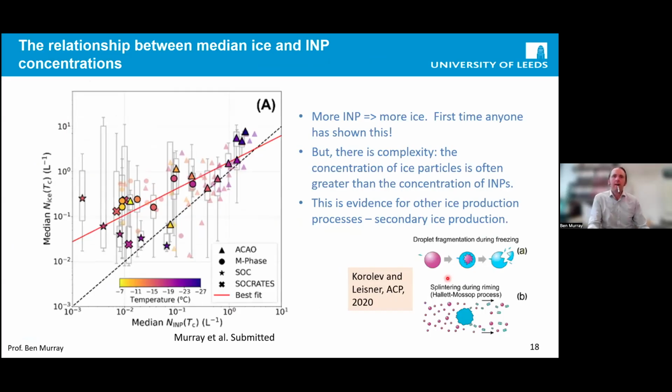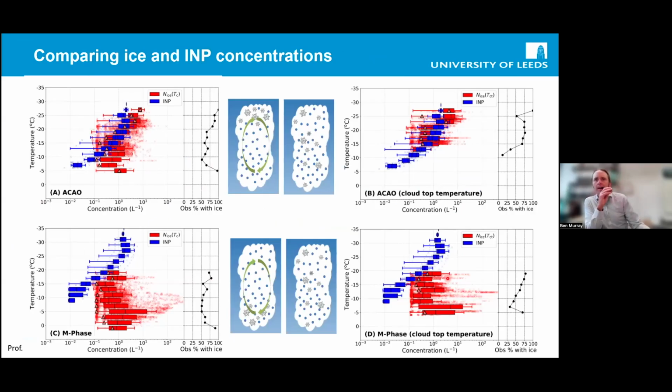Oh, no, go back a couple more. Yes, that one. So why do you think that IMPs are activating lower in the cloud for plots C and D? I know that ice crystal concentration is higher at these lower temperatures, but I would have thought maybe ice production or IMPs were activating higher up and then subsiding.